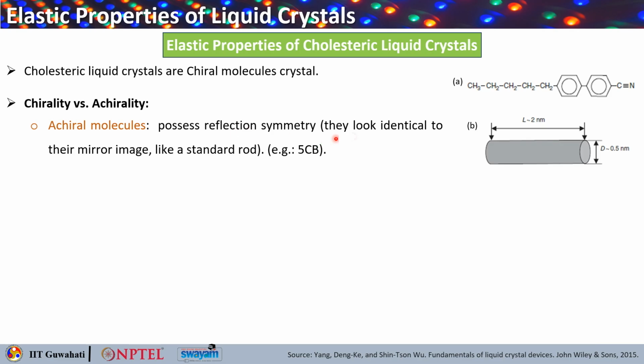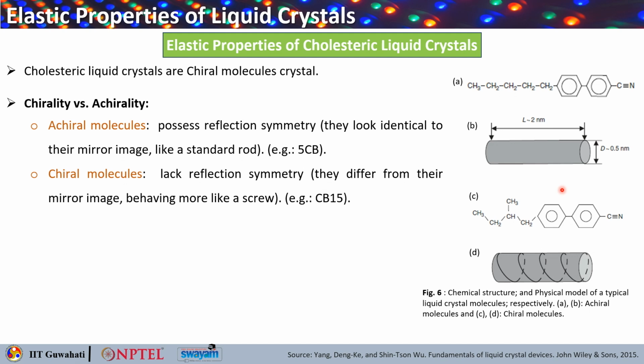That means they look identical to their mirror image, just like a standard rod. If you take a mirror image, it will look exactly the same. However, if you have twisted molecules, or chiral molecules, they will not have this reflection symmetry. They will differ from their mirror image.